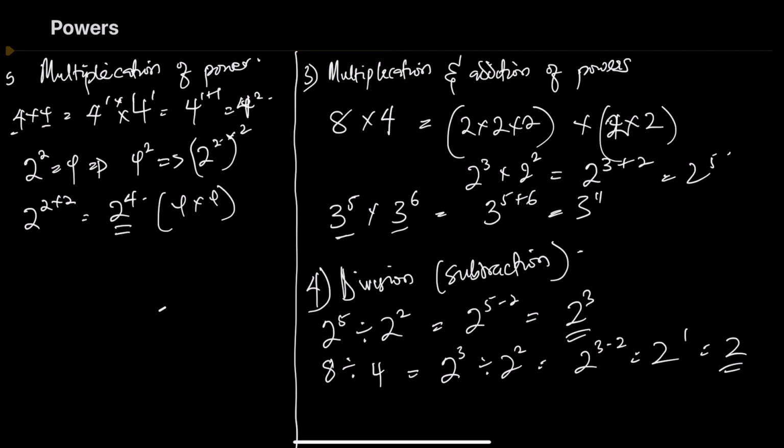This is the same thing as saying if you have 3 raised to power 5 and then you cube it, then this is 3 raised to power 5 times 3, which is basically 3 raised to power 15. So these are the main laws of power.